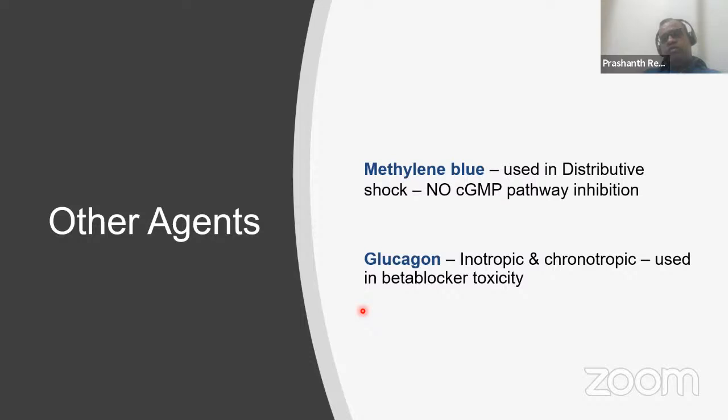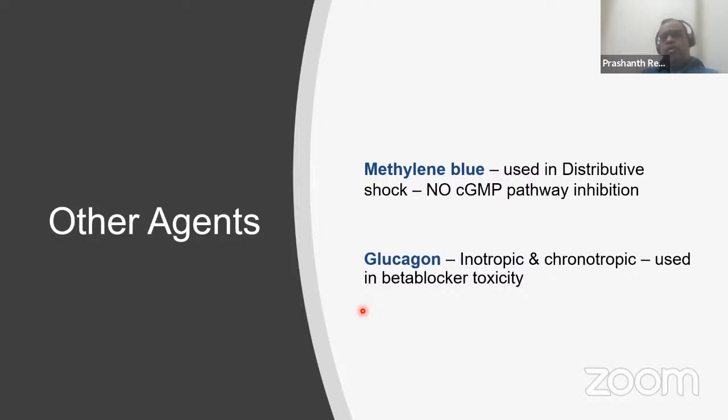This pathway is inhibited to a certain extent by methylene blue. So methylene blue is also used as an infusion to counter the nitric oxide cGMP pathway and increase vasoconstriction. But again, this is only in experimental stages now. Only a few small studies have shown some promising results, but it is not commonly used.